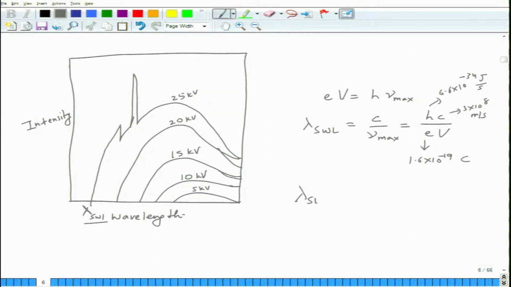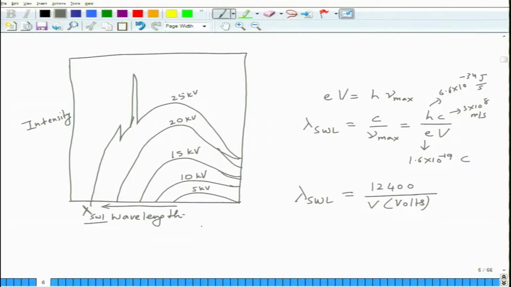So lambda SWL works out to 12,400 divided by V in volts. So at a given kV, as the voltage increases, the lambda SWL will decrease. That is what we see: the lambda SWL decreases as we increase the voltage.